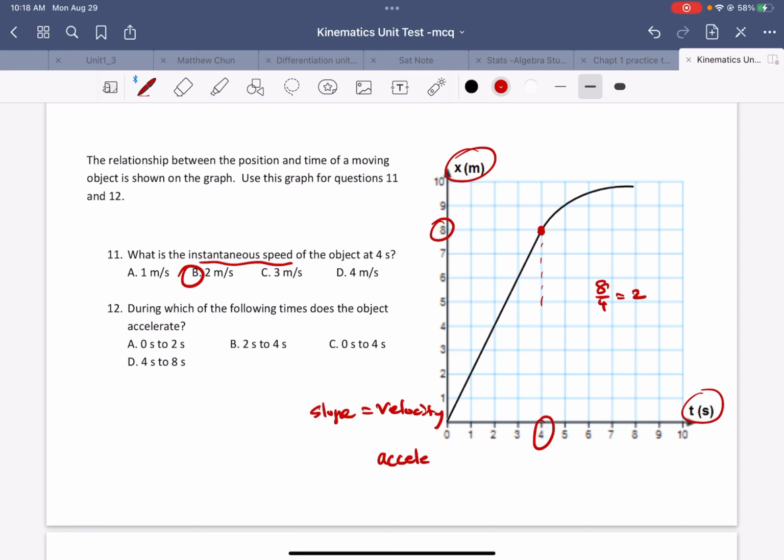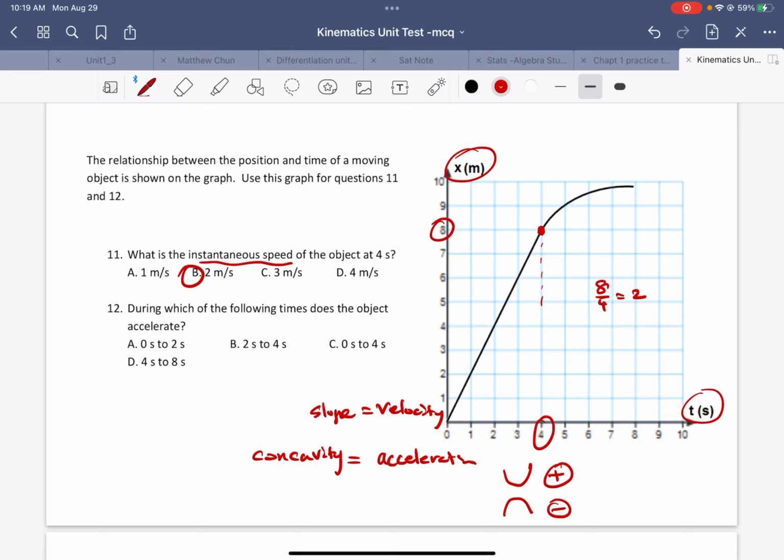Acceleration is what we call concavity. Concavity means if it opens upward, then that's concave up, which means it's positive. So your acceleration is positive. If acceleration is negative, then it's concave down, like that.